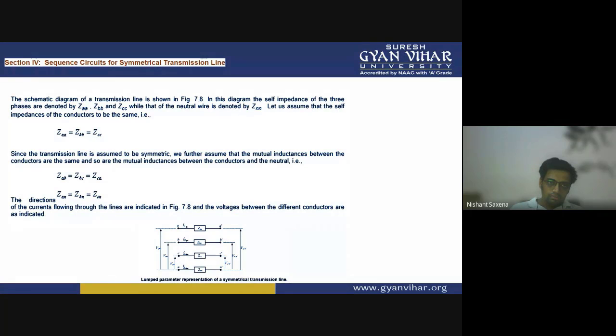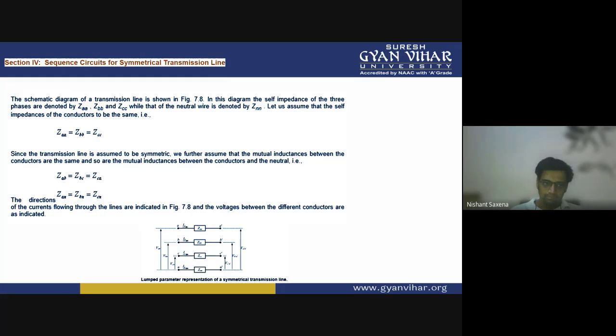Now, we are also assuming the transmission line to be symmetric, due to which we are also assuming that the mutual impedances between the conductors, and between the conductors and the neutral, are the same. That is, the mutual impedance between phase A and phase B, ZAB, is equal to the mutual impedance ZBC and the mutual impedance ZCA.